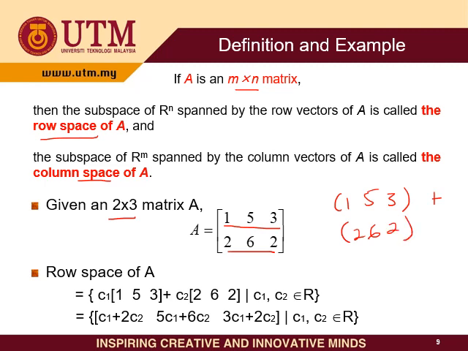And then we put a scalar c1 and scalar c2, and both c1 and c2 belong to the real numbers. Then you can add them: c1 times 1 plus c2 times 2, 5 plus 6, and 3 plus 2. And you will get your row space.